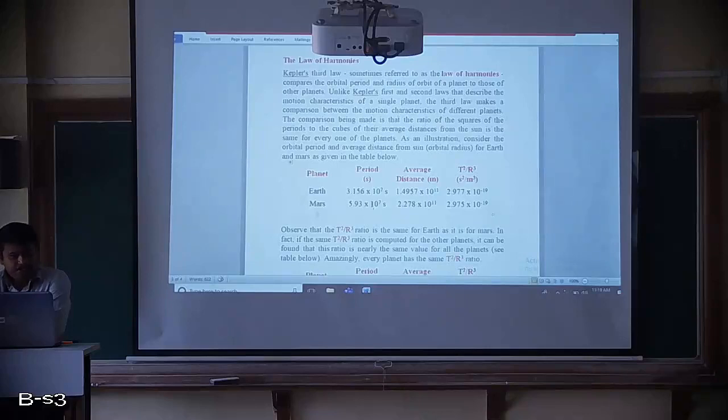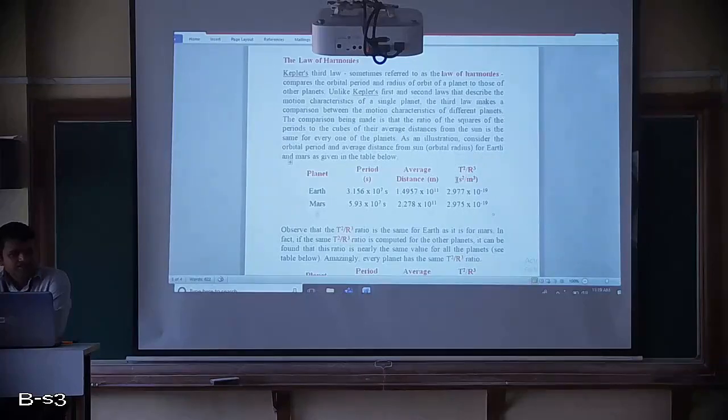The comparison being made is that the ratio of the squares of the periods to the cubes of their average distances from the sun is the same for every one of the planets. That's it. So finally, the ratio of the squares of the time period to the cube of the orbit radius from the sun will remain the same for all the planets.